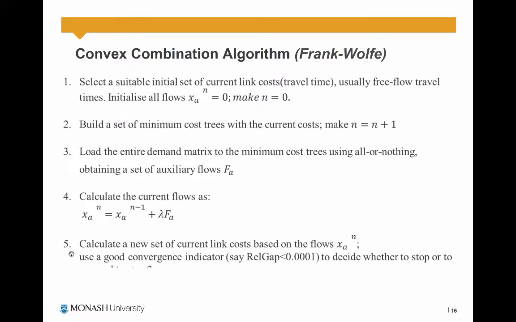Now, in the last step, we calculate a new set of link travel times based on the flows, because now we have a new volume, we can calculate new travel times. And we go back to the second step. Now that we have the new travel times, we build new shortest paths and then we continue. We do another all-or-nothing assignment, we calculate the auxiliary flows and then we calculate link volumes. And then we continue this iteratively until we reach convergence.